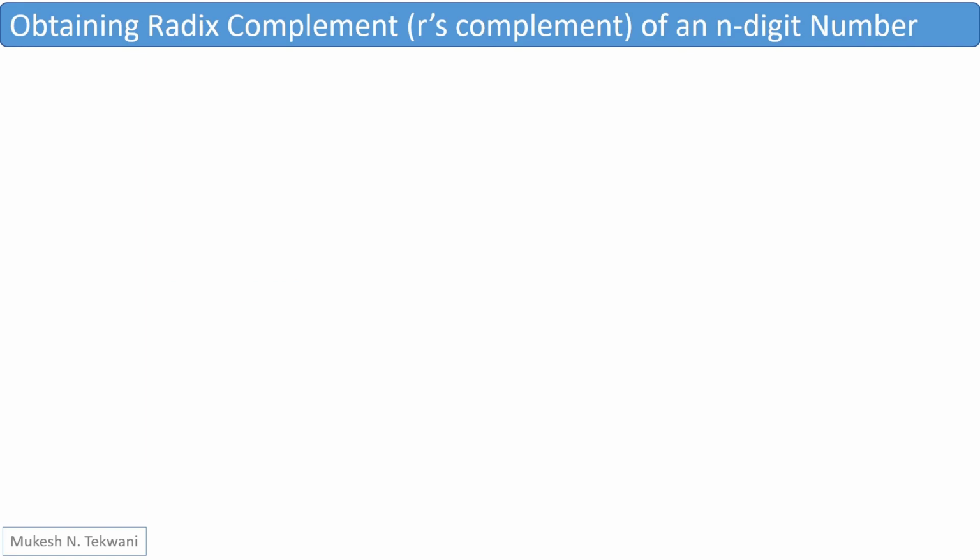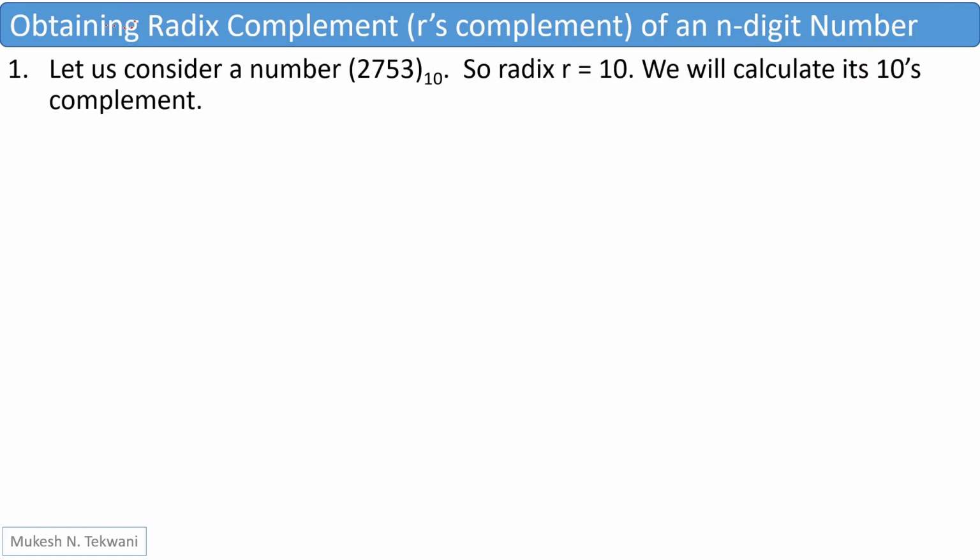Now let us start by first understanding how we obtain the r's complement of an n-digit number. Let us consider a 4-digit number, 2753 in the decimal system. Since it is in the decimal system, r is 10, the radix is 10. Now we will first calculate the tens complement of this number.